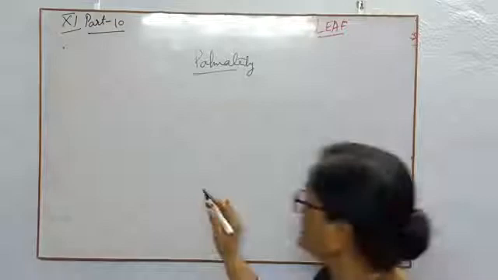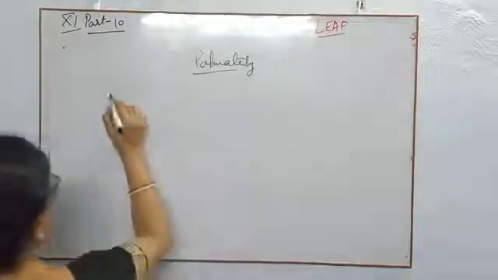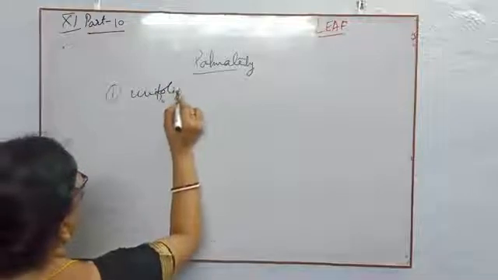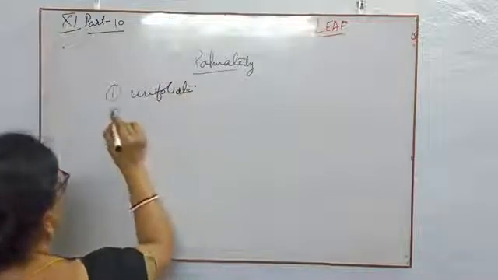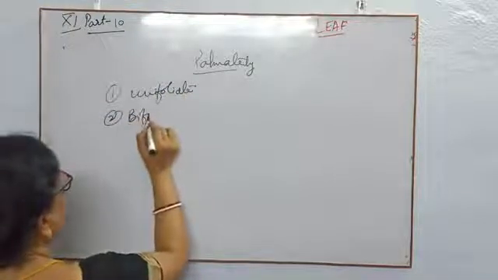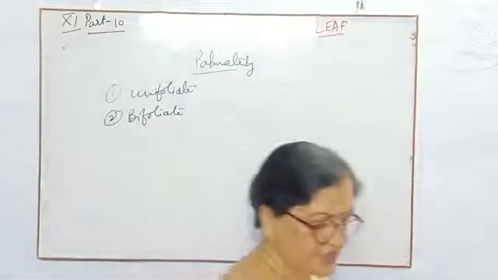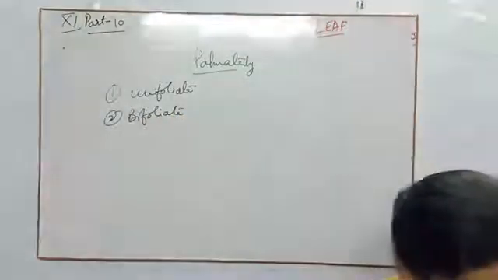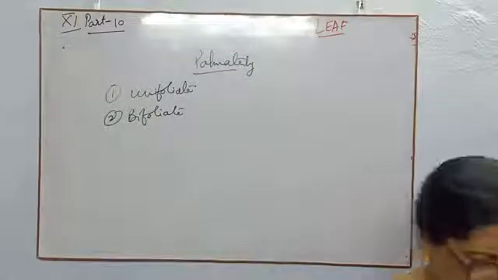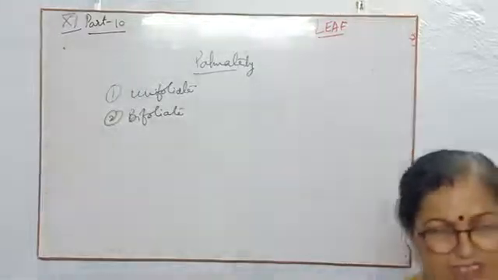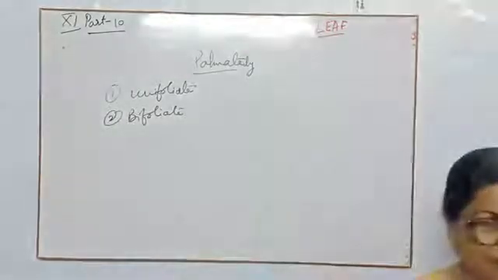So here some different names are given. First is unifoliate. Second is bifoliate. Like that. Unifoliate means having one single leaflet on the branches.